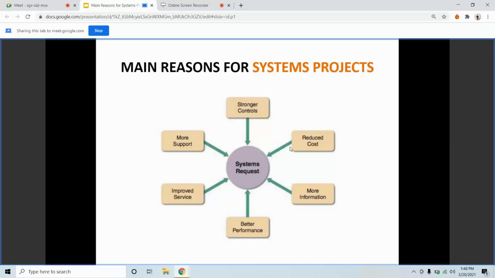For example, ang IT office sa usa ka organization exists for systems request. Unsa ang systems request? For example, isa ka office sa organization that wants a system. Mo contact siya sa IT office sa organization, mag-request quote unquote og system.